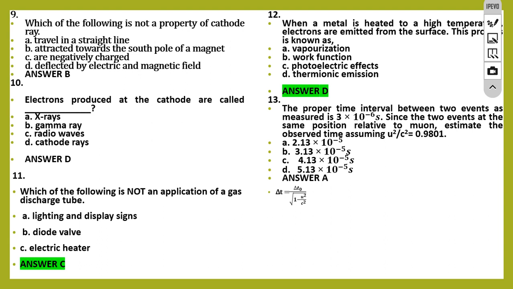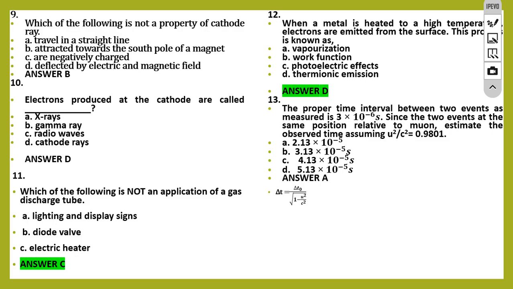When you apply the expression Δt equals Δt naught all over root of 1 minus u squared over c squared, all you need to do is substitute the parameters given in the equation.